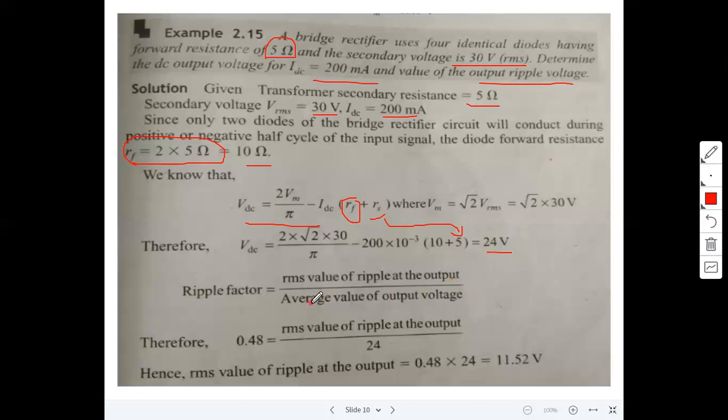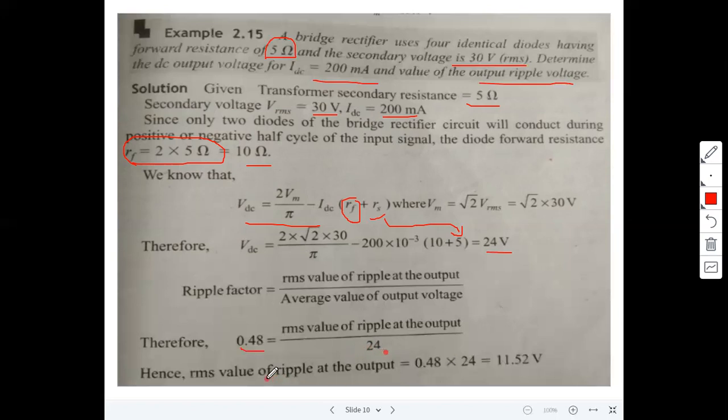Then ripple factor. Already for a full wave rectifier, ripple factor is equal to 0.48, the RMS value of the ripple at the output voltage divided by the average value of the output voltage. So 0.48 is equal to RMS value of the ripple at the output divided by 24.